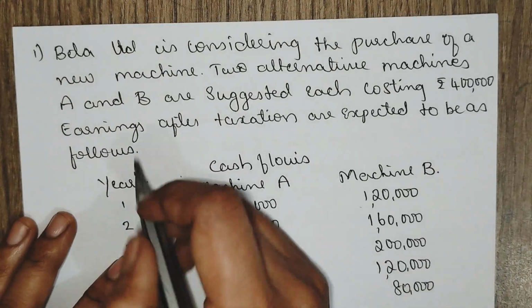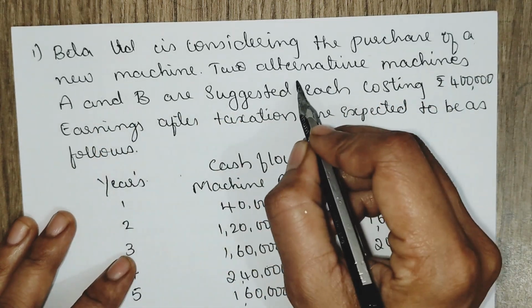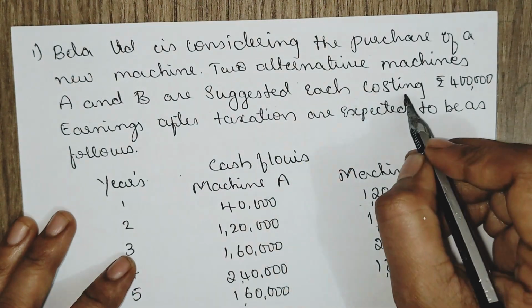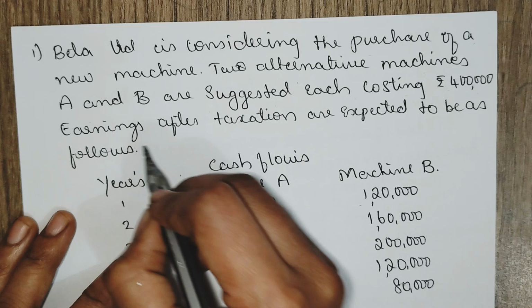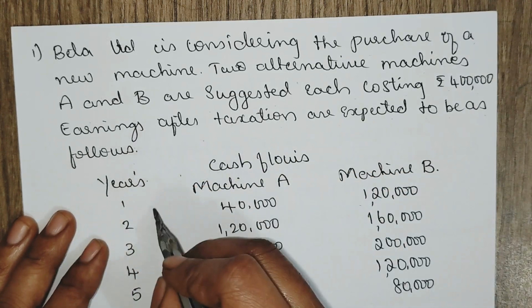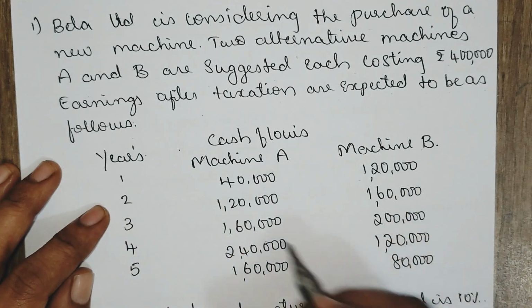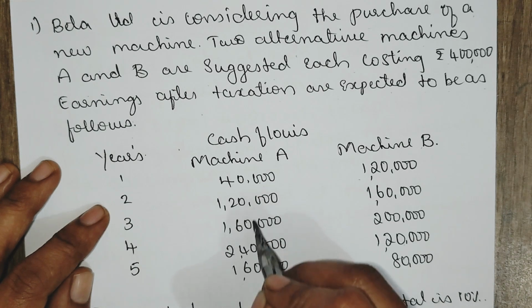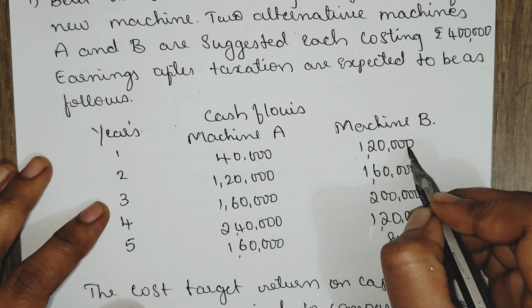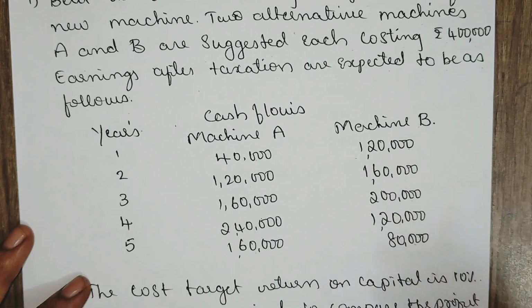Here we have a question. Beta Limited is considering the purchase of a new machine. Two alternative machines A and B are suggested, each costing rupees 4 lakh. Earnings after taxation are expected to be as follows. Year, 5 years, cash inflow for machine A: 40,000, 1 lakh 20,000, 1 lakh 60,000, 2 lakh 40,000, 1 lakh 60,000. Machine B: 1 lakh 20,000, 1 lakh 60,000, 2 lakh, 1 lakh 20,000, 80,000.